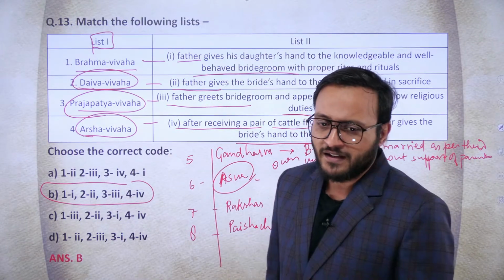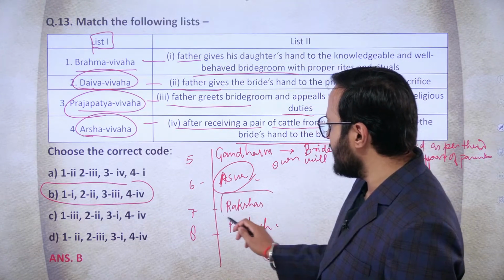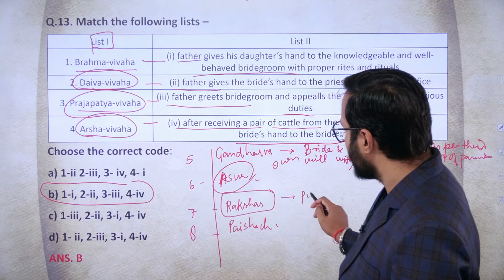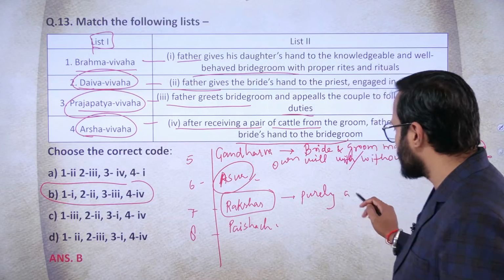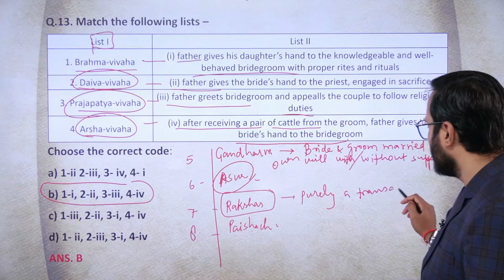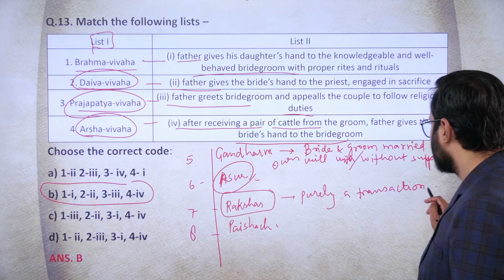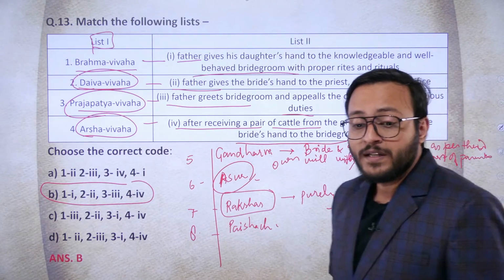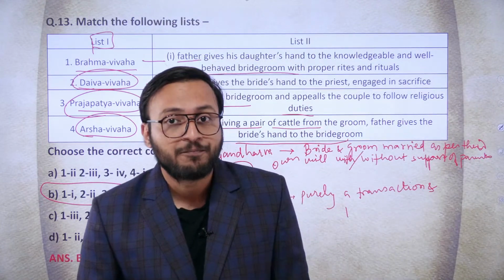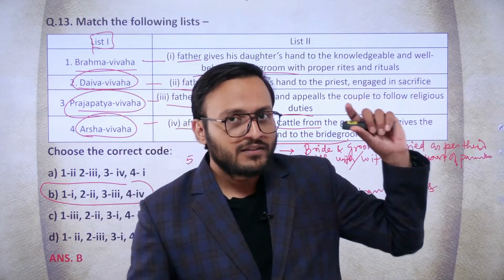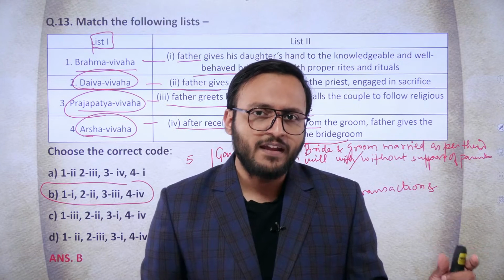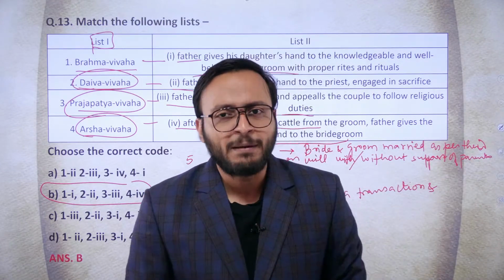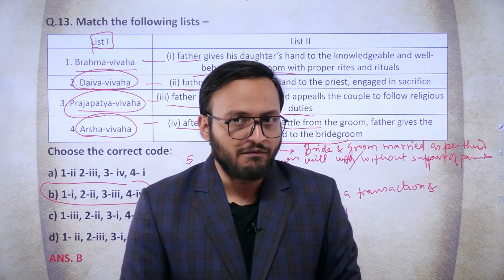The Rakshas Vivah was purely a transaction, sometimes with or sometimes without money. So it is like threatening the father and just kidnapping the girl and going away.